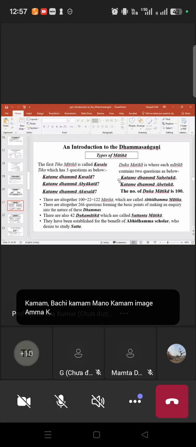Now we have to discuss in this chapter what the three moral hetus are, that is alobho, adoso, amoho, and how the kusala chitta is associated with the three types of hetus, alobha, adosa, amoha.